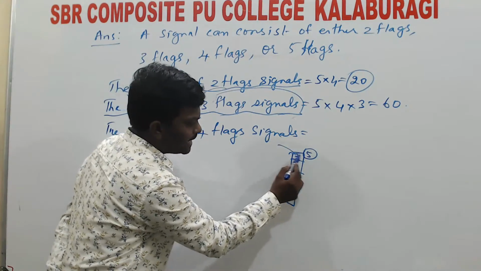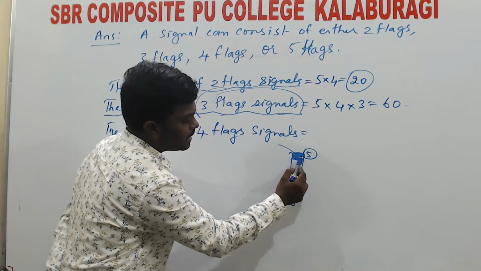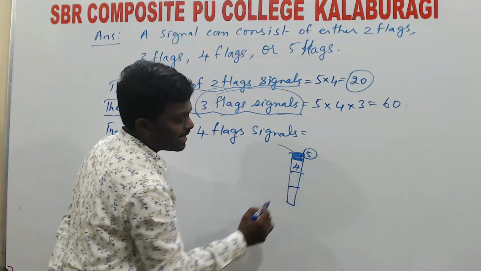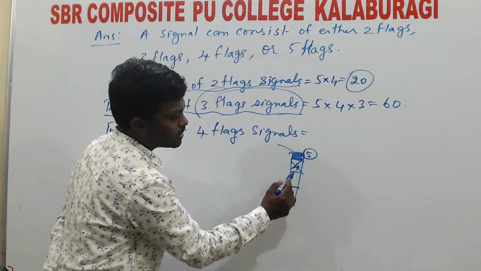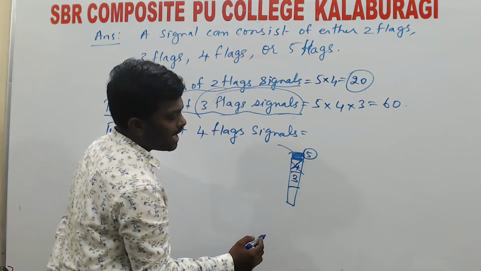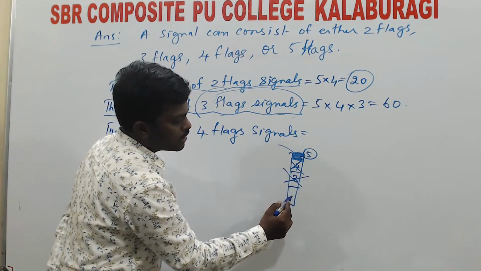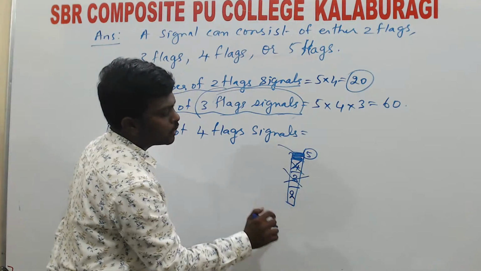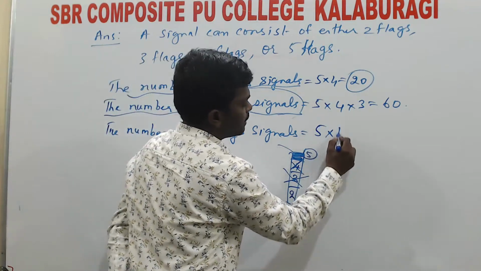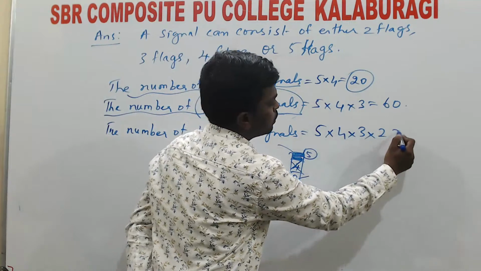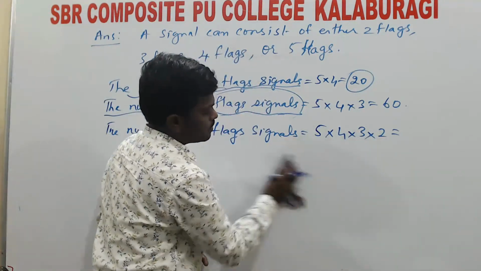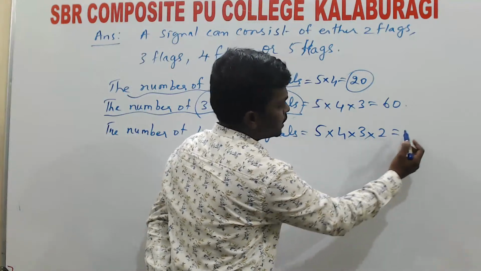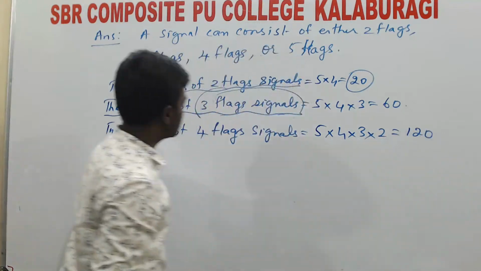After any one flag is filled here, we are left with 4. Now this is also filled. Now we have 3. Now this is also filled. Now we are left with 2. So it will be 5 into 4 into 3 into 2. 5 fours are 20, and 20 into 6 will be 120 ways.